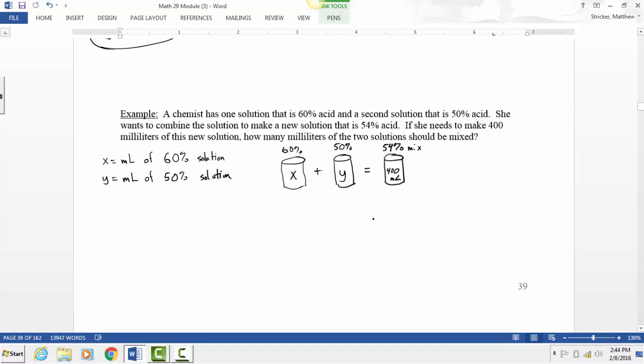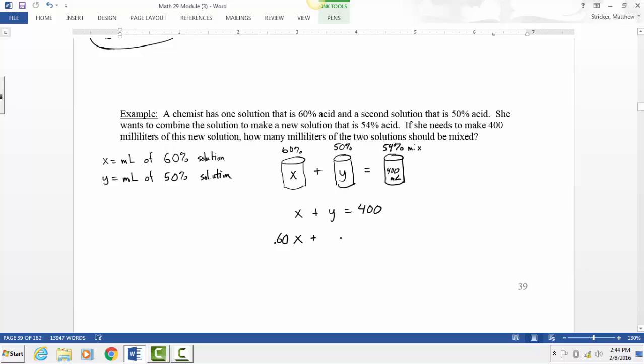So that really is the first equation. We just take so much of the one plus so much of the other. X plus y has to equal 400. And then we also have the acid equation. The first solution, the x milliliters, is 60% acid.